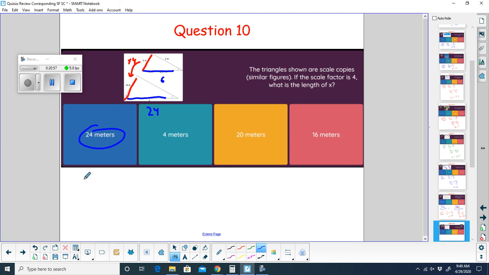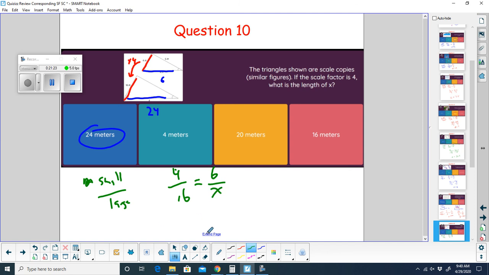All right. Another way, I'm just going to show you with the proportions. If I go with the small to the large, 4 units on the small, this side, goes with 16 units on the large, that side. Just like 6 units on the small goes with x, right?